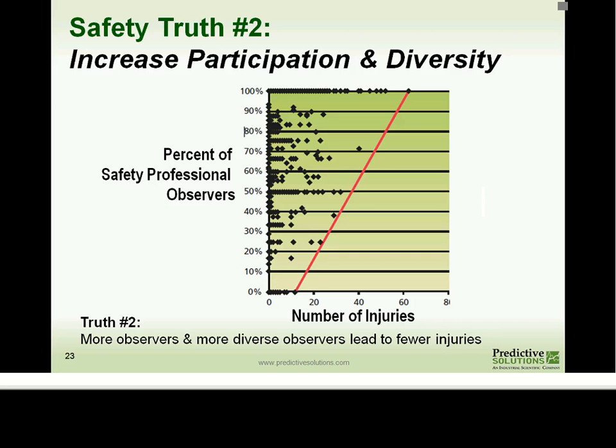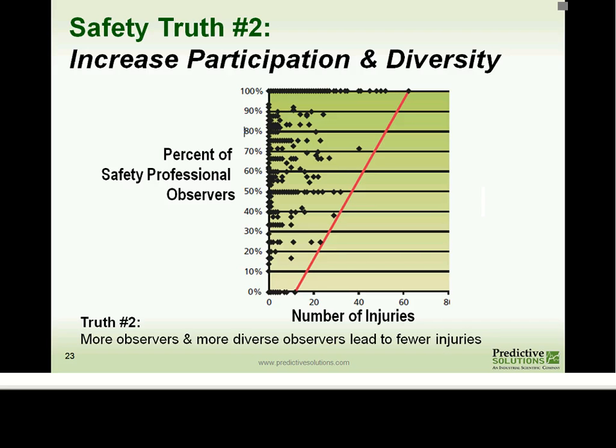And as you can imagine, that was an important part. But because everyone used them all the time, it kind of went past them. So having those observers that might not know the job to the T, they might see something that no one else sees. So again, safety truth number 2, if we can increase the diversity, we're going to decrease injuries.